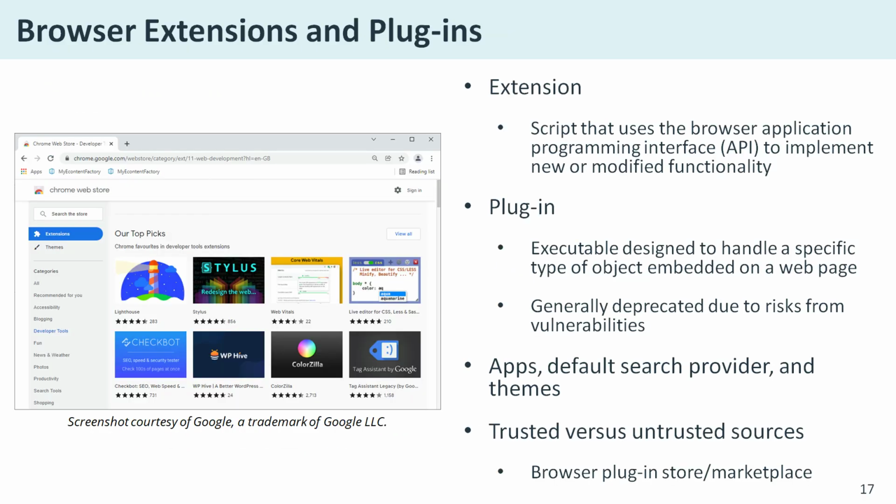So let's look at browser extensions and plugins. Extensions are just scripts that are built on a web page. They have an API that you can use to modify the functionality of that browser.